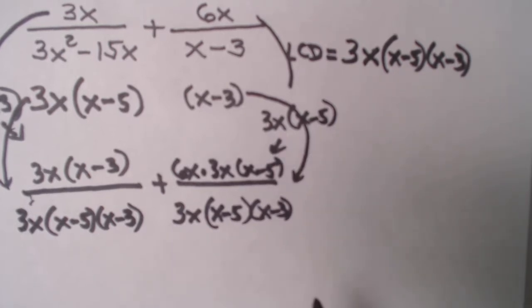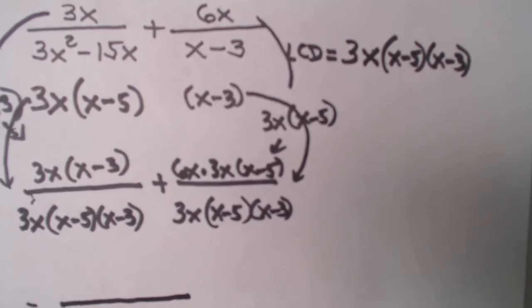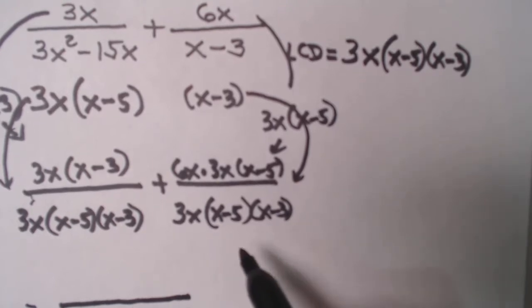Okay, we've got the common denominators, so we're ready to start working on the final answer. I can get ready by making a fraction and writing downstairs the common denominator we have, times x - 5 times x - 3. That's the same in both of these.